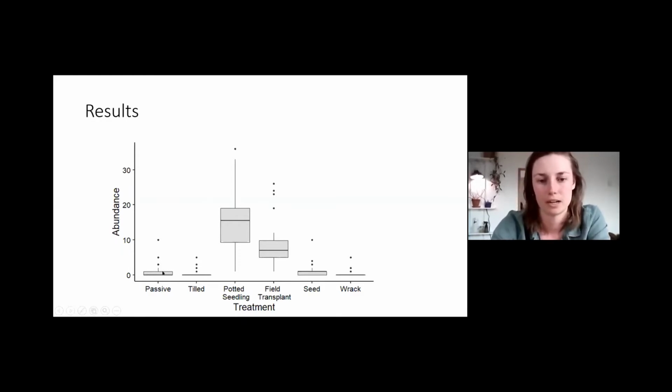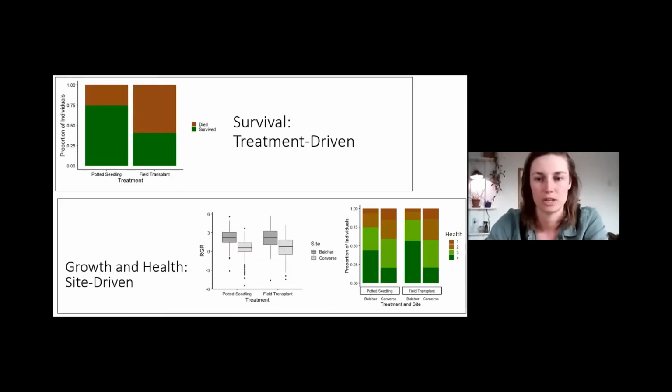And so taking a closer look at the mature plant treatments, the results were kind of interesting, and this is a lot to be on this slide, but what I really want to highlight is that survival, so just whether or not a plant survived to the end of the season, how they got added was really important. So those potted seedlings really survived a lot better than the field transplants.